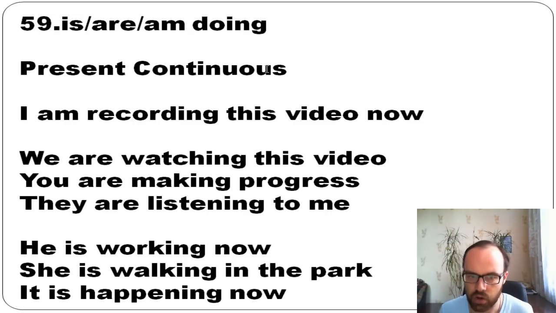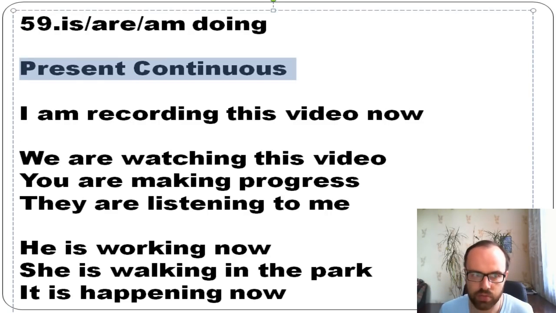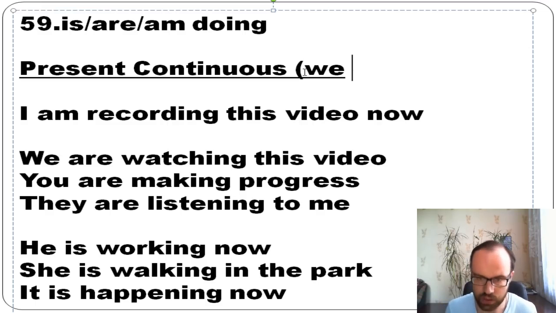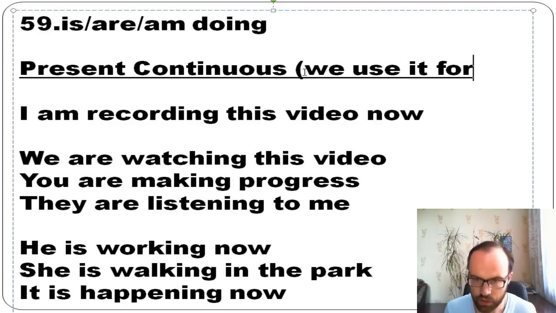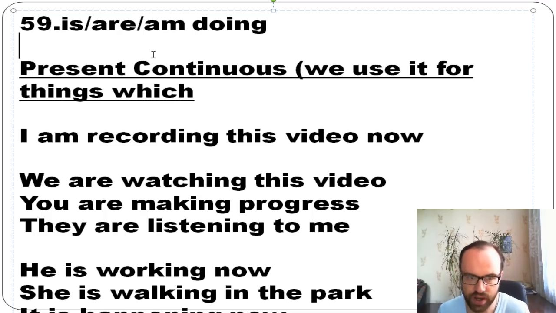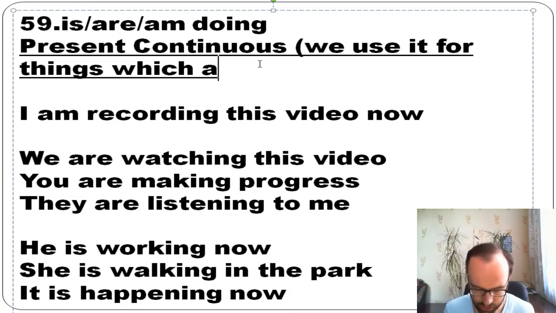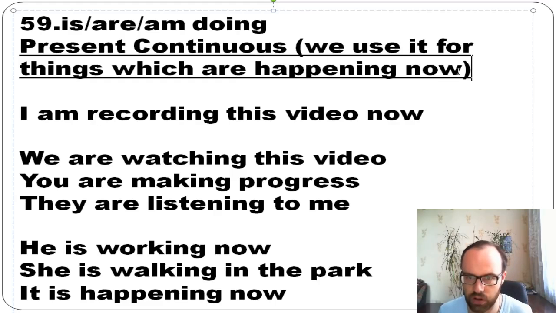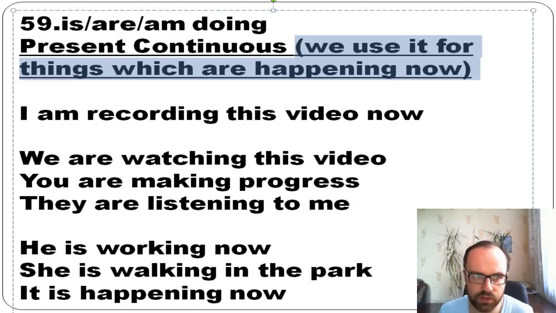Next, let's talk about present continuous. We use it for things which are happening now. And you have to look at the structure. Is, are, or am plus doing.